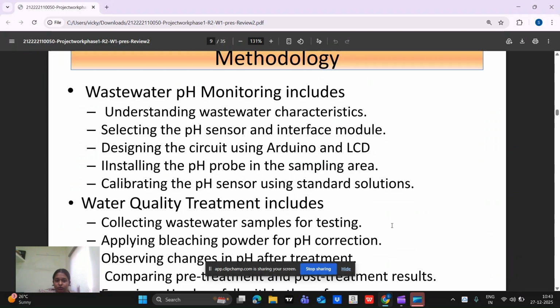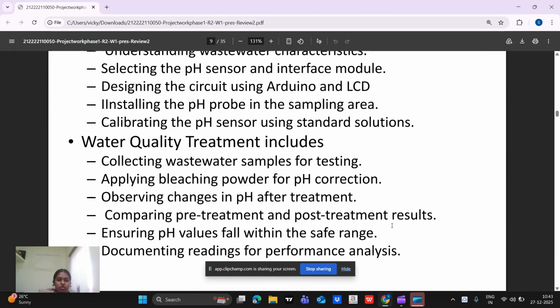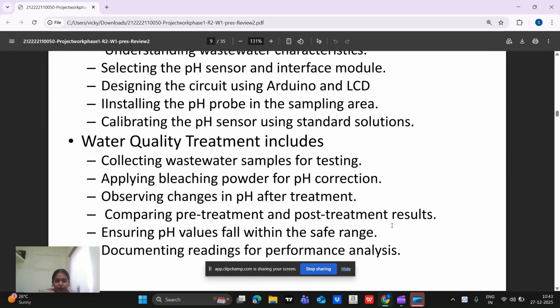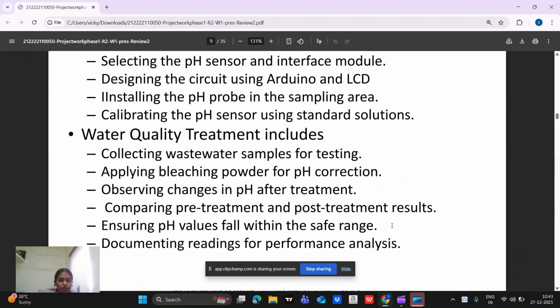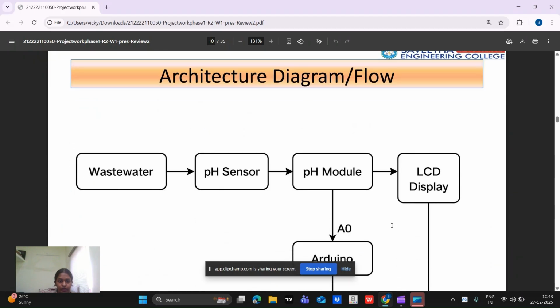Water quality treatment includes collecting wastewater samples for testing, applying bleaching powder for pH correction, observing changes in the pH after treatment, comparing pre-treatment and post-treatment results, ensuring pH values fall within the safe range, and documenting readings for performance analysis.